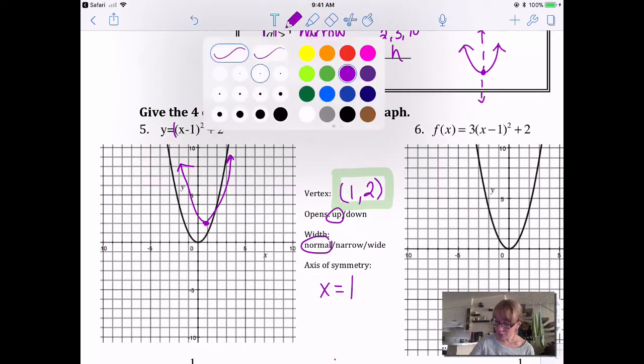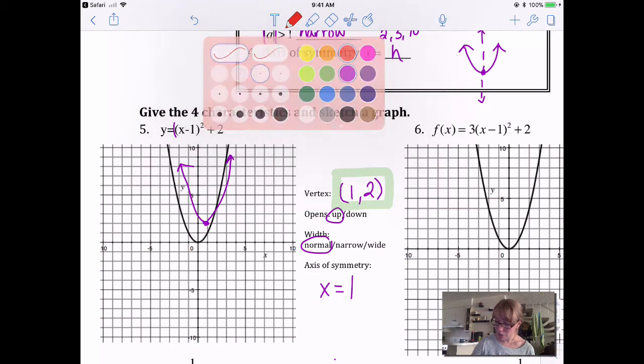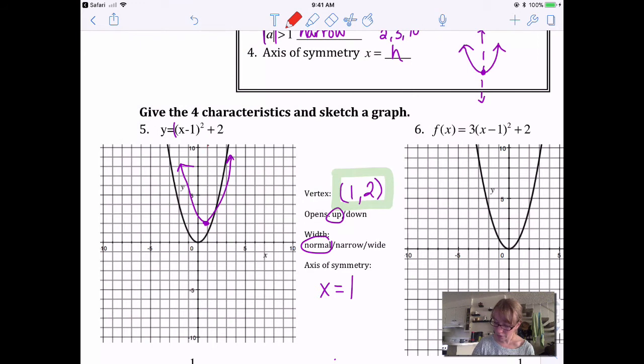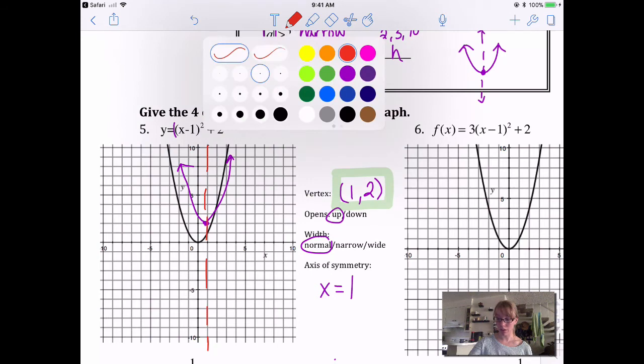And then I also do want you to graph the axis of symmetry. So that's going to be a vertical line right through the vertex, so right down the middle of your parabola. We draw it as a dotted line because it's not really on the graph. We can think about folding over on that line. And that's really what we're doing for all of these problems.